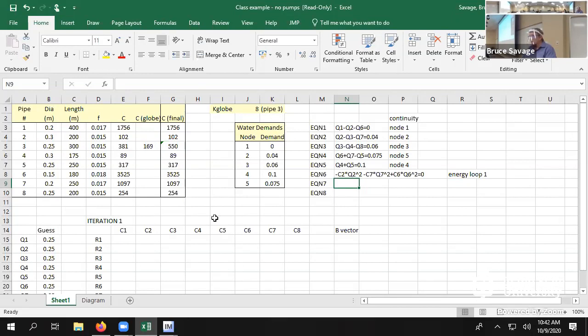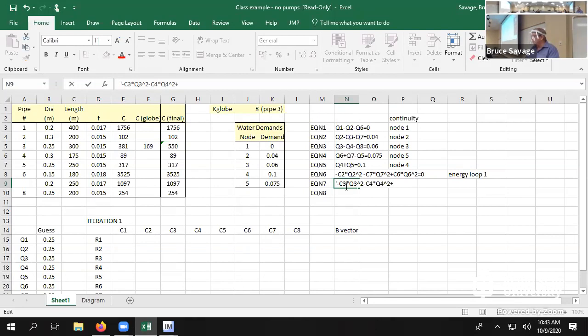I go to loop 2, and I'm going to start with pipe 3, going with the flow. So minus C sub 3 times Q sub 3 squared. I note that in this case, I'm using the final Q3, the one that has the globe valve with it. Then the next pipe is pipe 4, going with the flow, so C sub 4 times Q sub 4 squared.